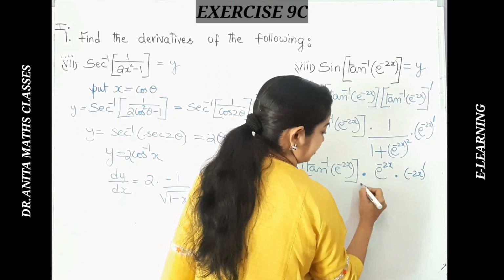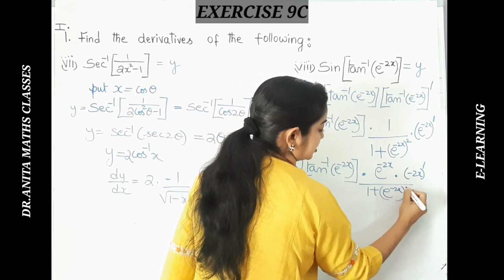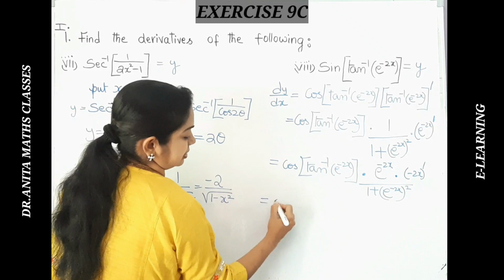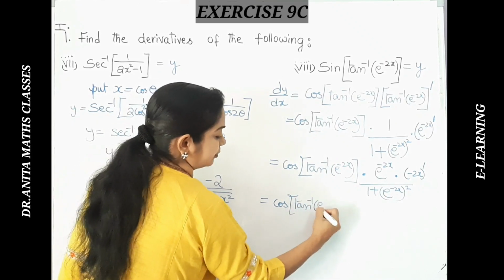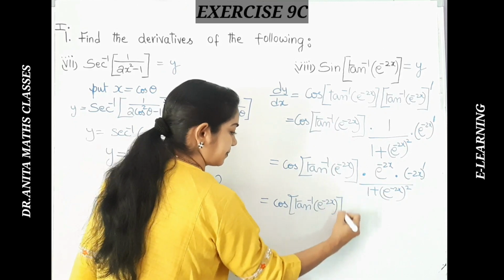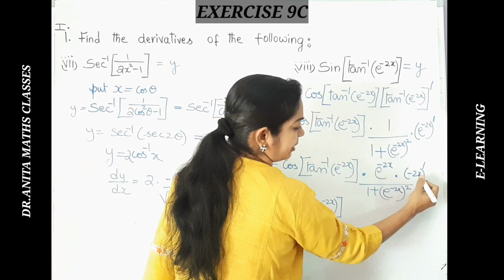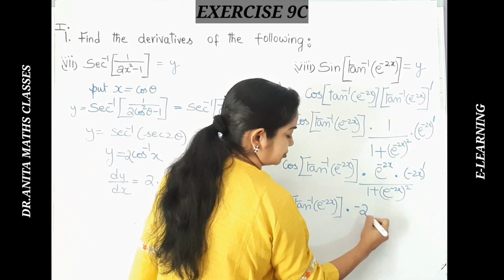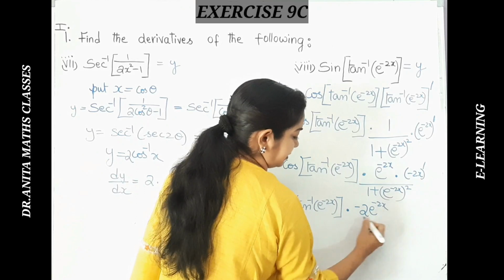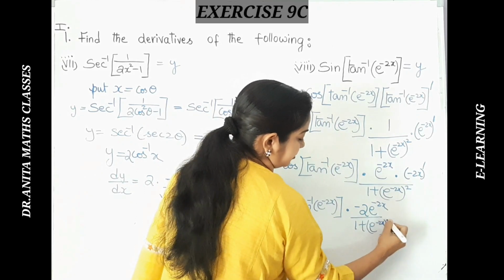So this function is 1 by 1 plus e to the power of minus 2x whole square. Let us write that as cos of tan inverse of e to the power of minus 2x. Here the derivative of minus 2x is just minus 2. So here multiplied by minus 2 e to the power of minus 2x by 1 plus e to the power of minus 2x whole square.